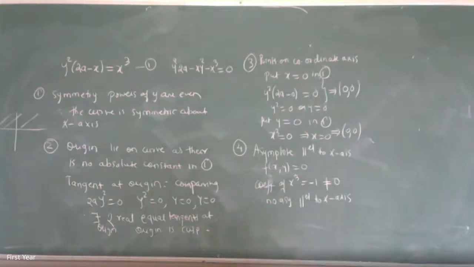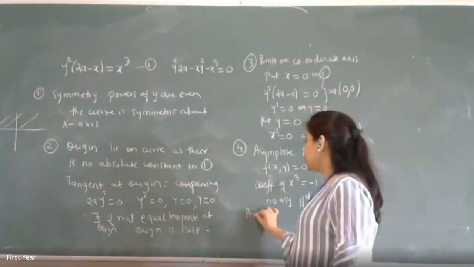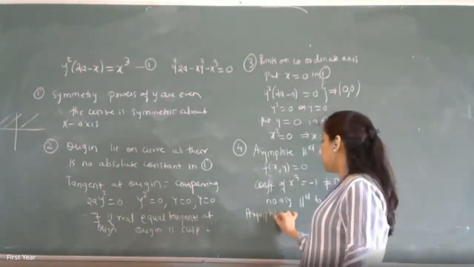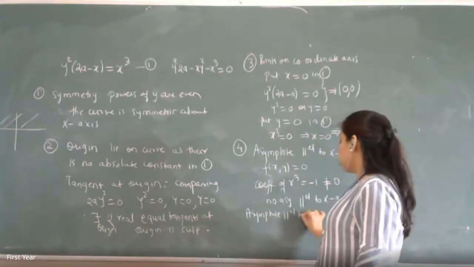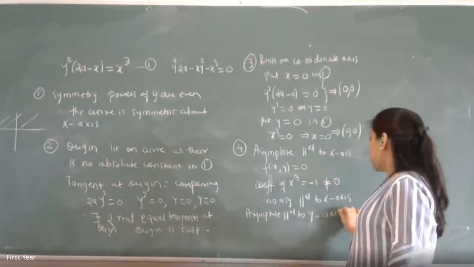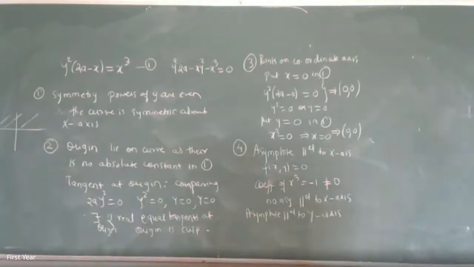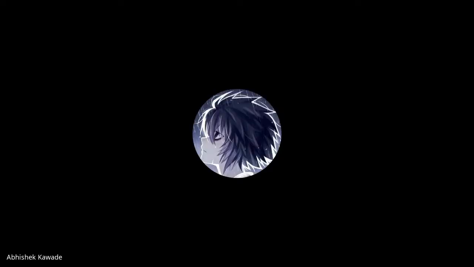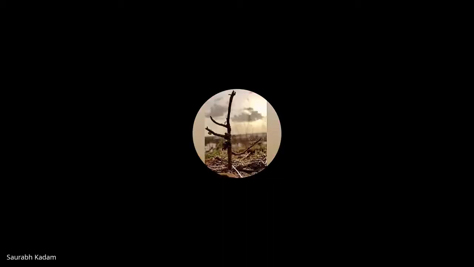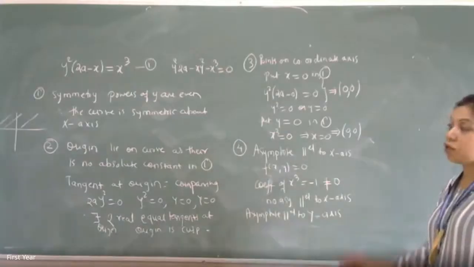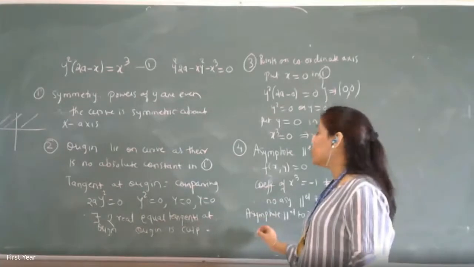Now look at y square. Asymptote parallel to y-axis. What is the highest power of y? Y square, and its coefficient is 2a minus x.